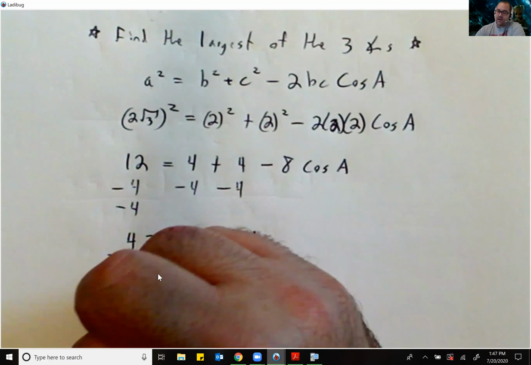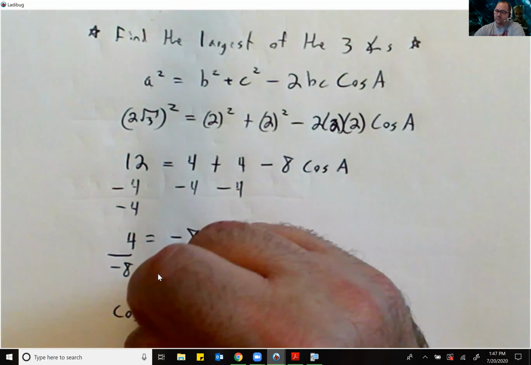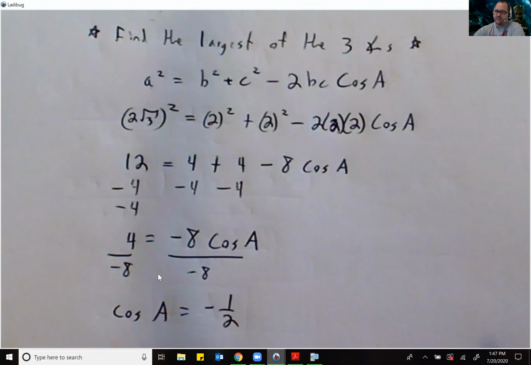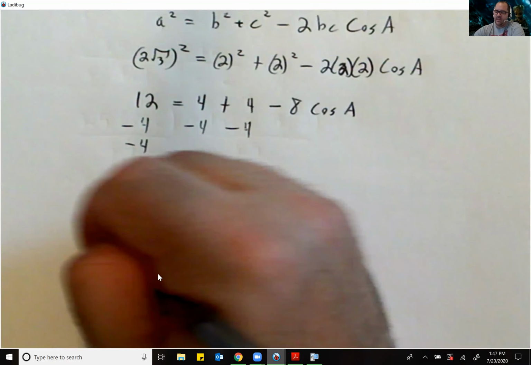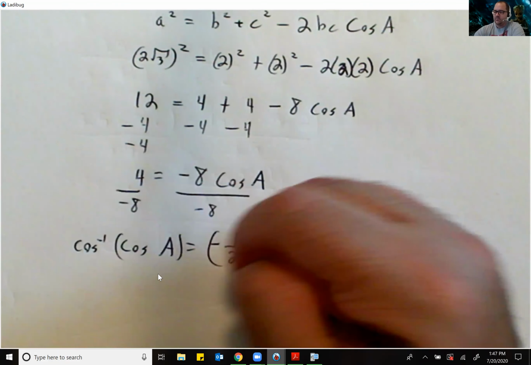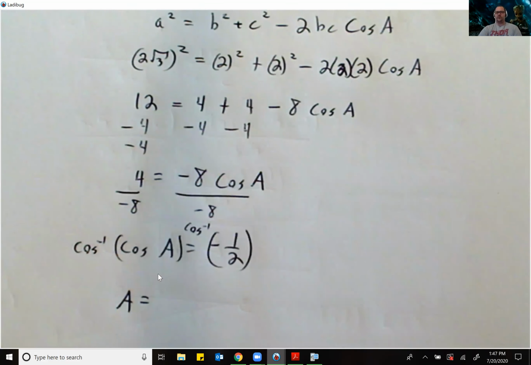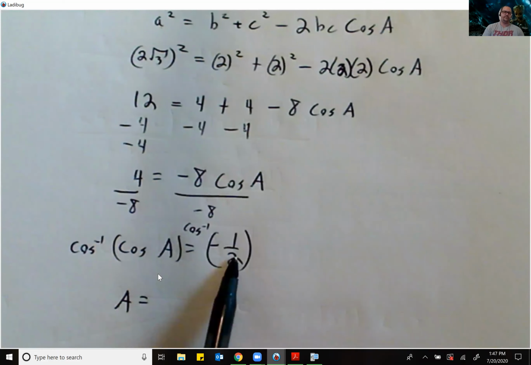Cosine A is equal to negative 1/2. How do I get A by itself? Cosine inverse. Yay, cosine inverse. So A is equal to whenever cosine is negative 1/2. We just go to our calculator and let it do its job.